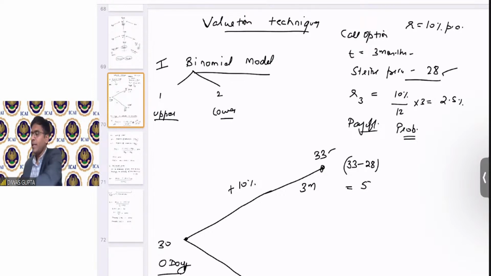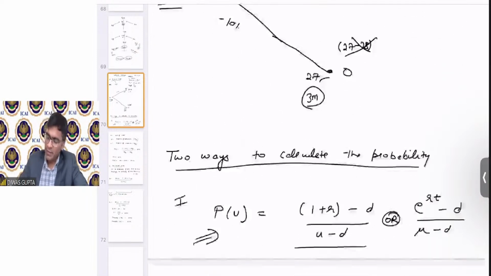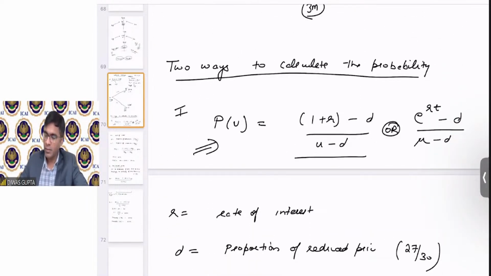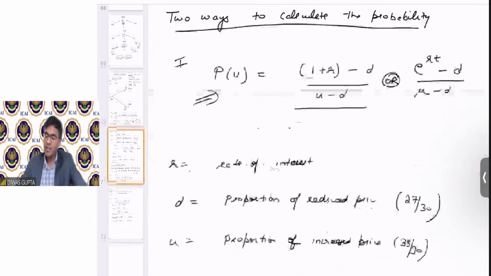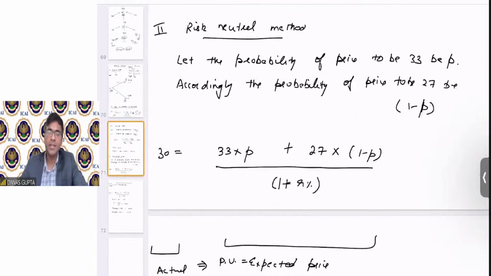In both the possibilities, there are probabilities attached to it. Now, calculating those probabilities, there are two ways. One is using this formula, which is (1 plus R minus D) divided by (U minus D). And the second one is using the risk neutral method, which is again equating the expected price to the current price, the present value of that.